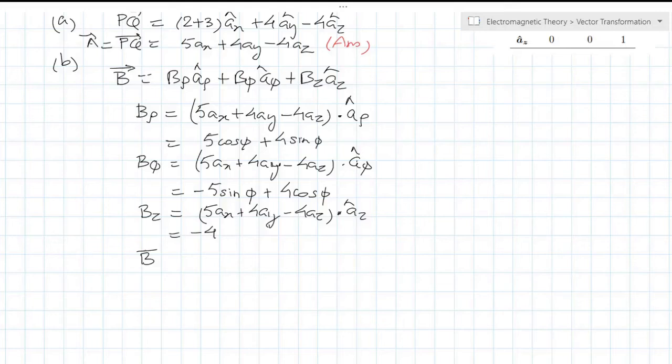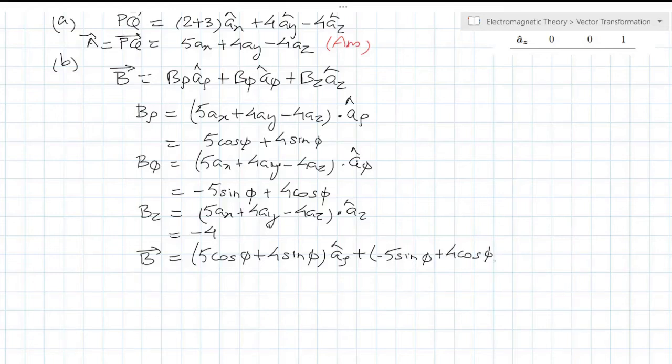So coming up with the complete answer, the way to write it would be 5 cos phi plus 4 sin phi in brackets, with the direction A rho, then plus minus 5 sin phi plus 4 cos phi in brackets A phi, and then minus 4 AZ.